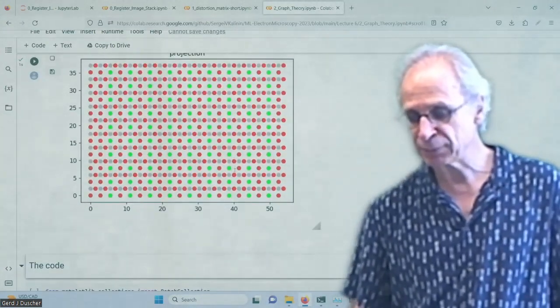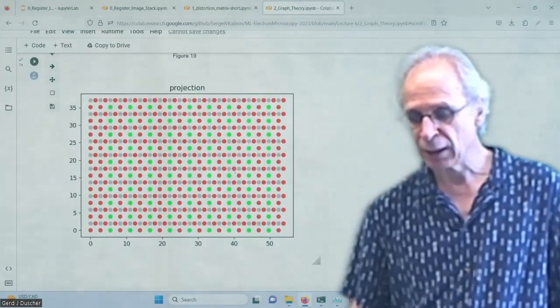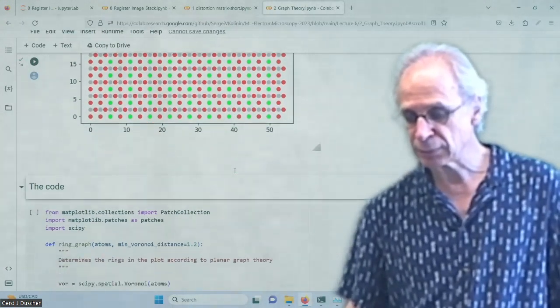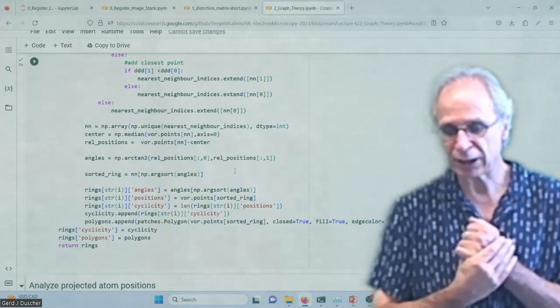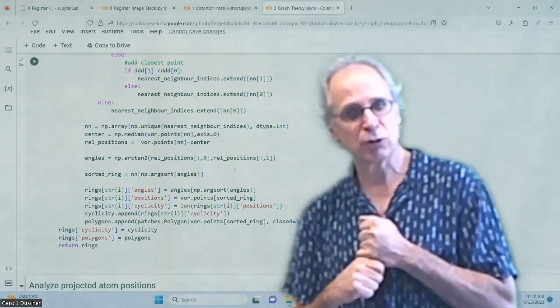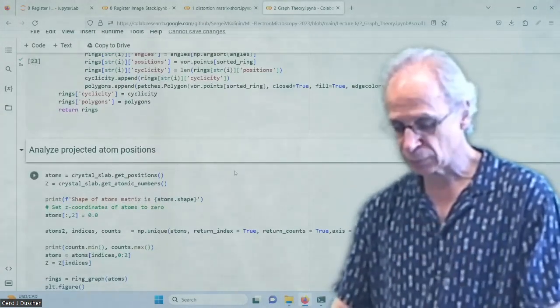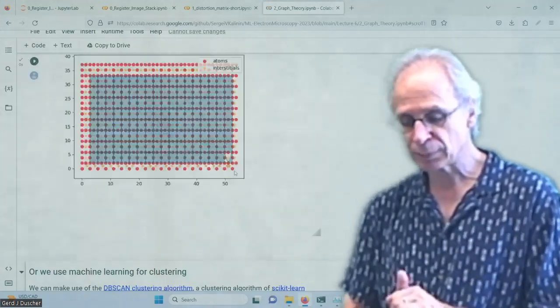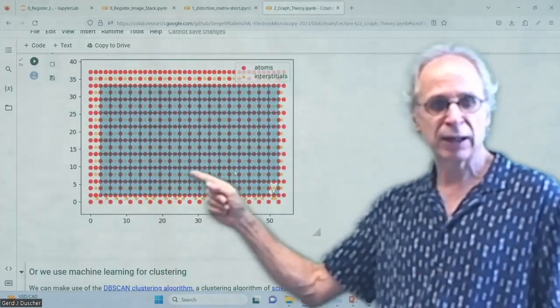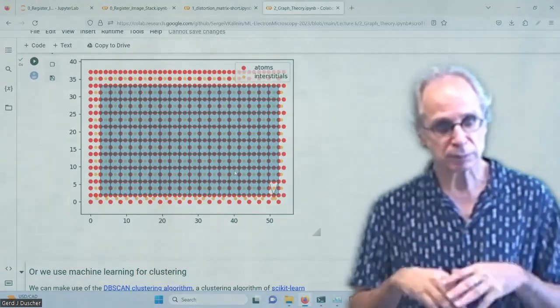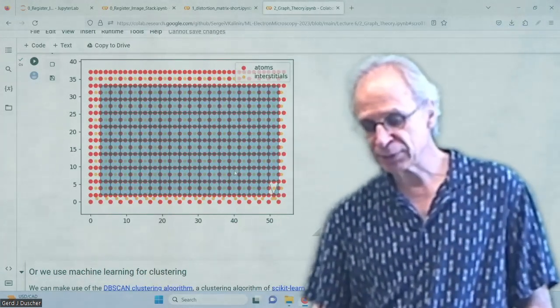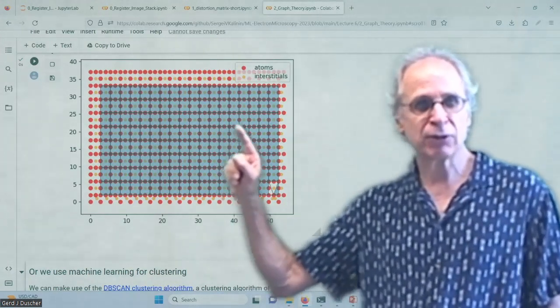And that is it, right? And then I make a ring graph out of that, as I did before. Then I get my rings. I get my centers of the ring.